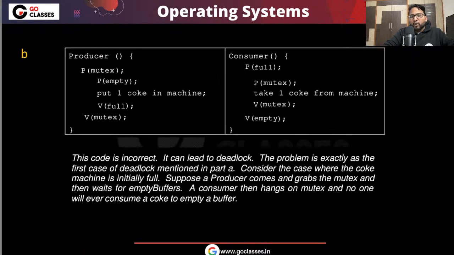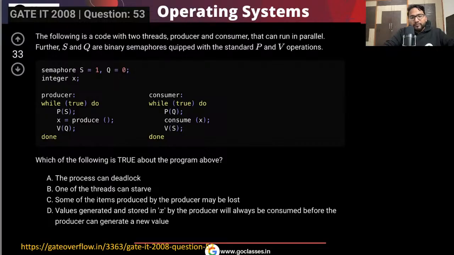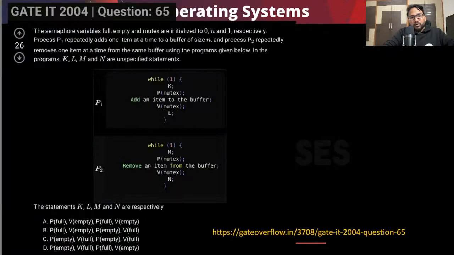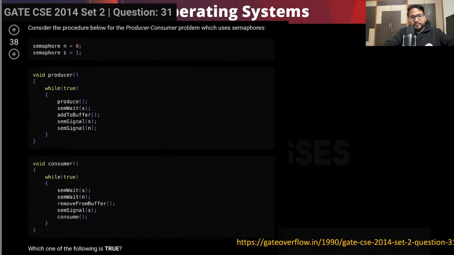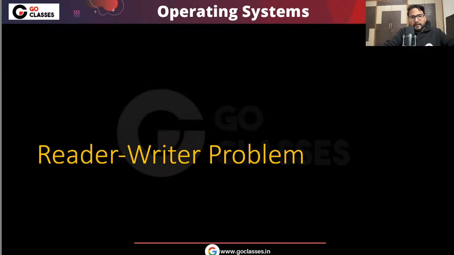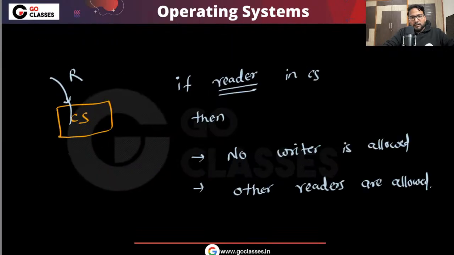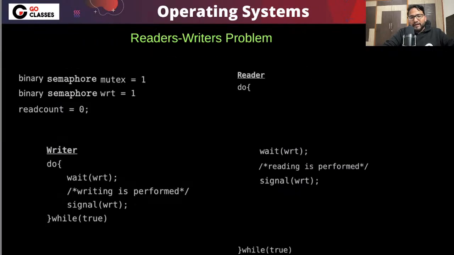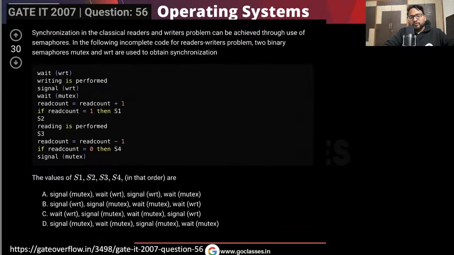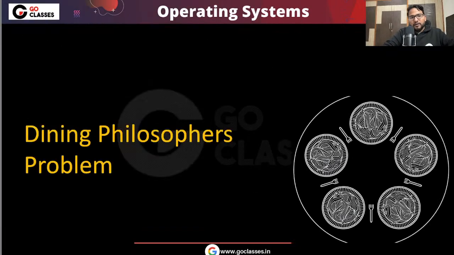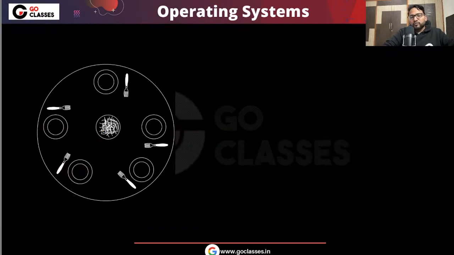This is actually a very good topic, and there have been many questions from the classical synchronization problems. I think almost 10 questions I have here currently with me, 8 or 9 from the PYQs, and from the dining philosophers also 1 or 2 questions.